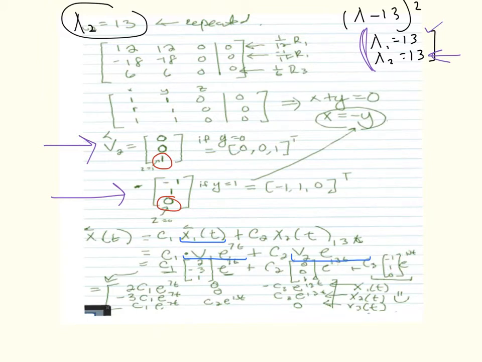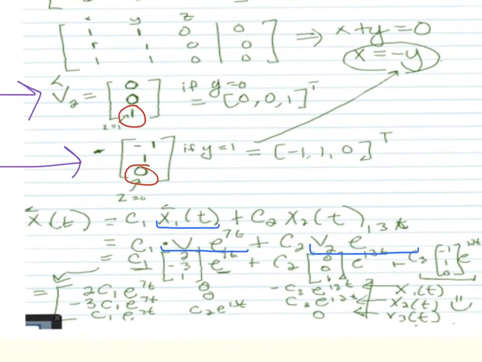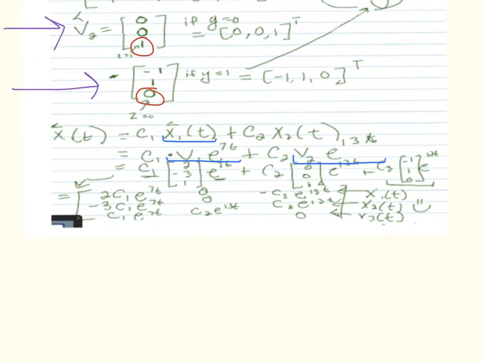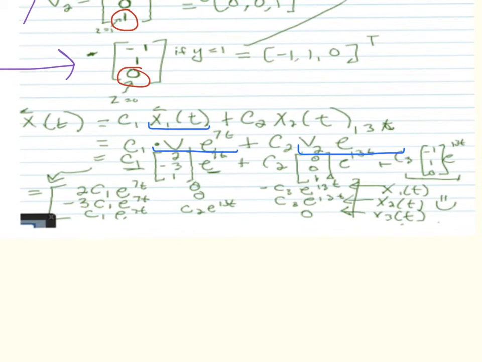And this is just some matrix algebra. I multiply in our exponential functions, which are never going to be 0, and add these up. The first row is our first solution, the second row is the second solution, and obviously the third row. Hopefully you can see that. I wrote that a little bit small, but there is our final solution.